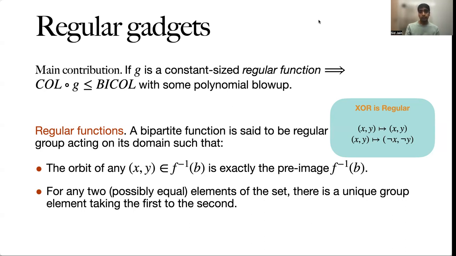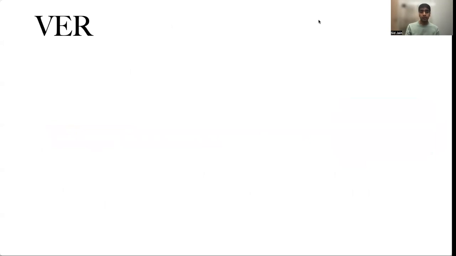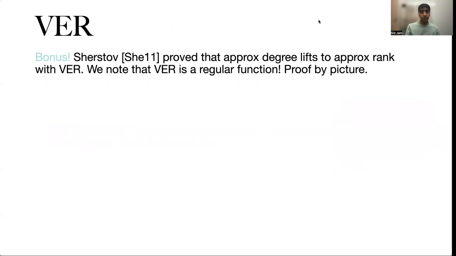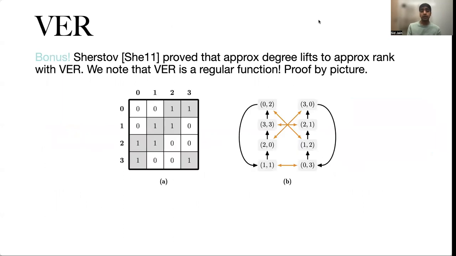Well, turns out this is already known. In 2011, Shirstov proved that the versatile function lifts approx degree to approx rank. We're just noting that versatile is actually a regular function, and I'll prove it to you by picture.